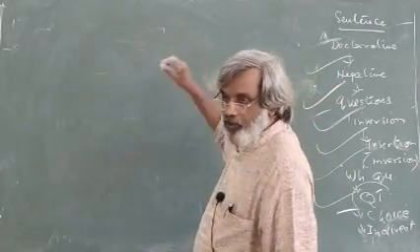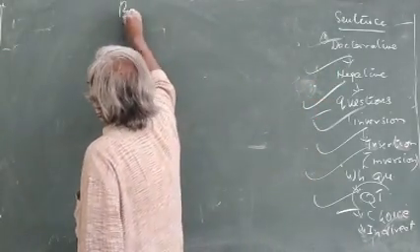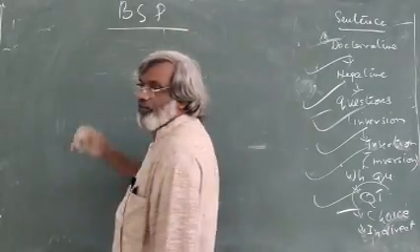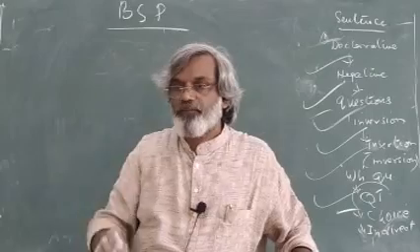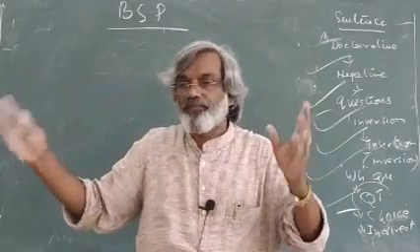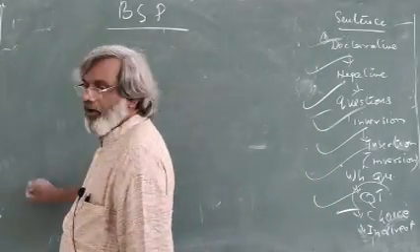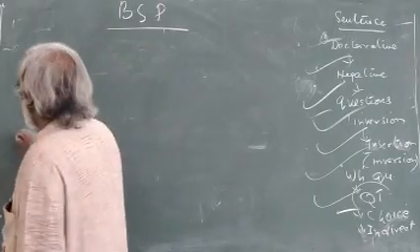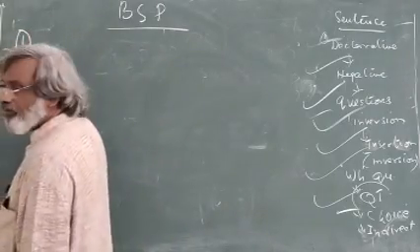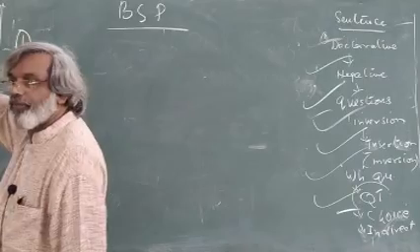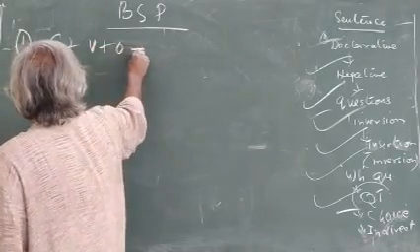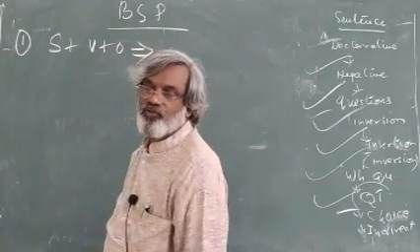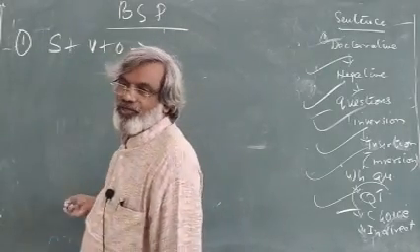After that, we go to basic sentence patterns, called BSP. In suprasentential grammar, we call them BSP, basic sentence patterns. We have 7 to 8 basic sentence patterns. The first one we already studied from the beginning, what is called S plus V plus O. You have to make sentences from this structure.